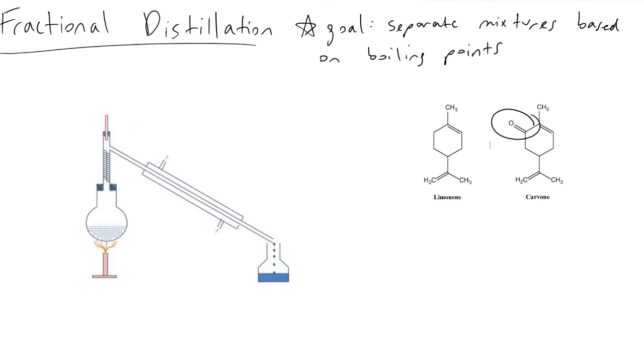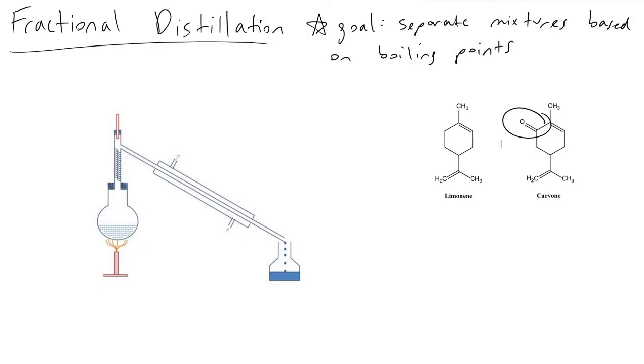Now, what this carbonyl group is going to cause is a charge distribution within the molecule, because the carbon-oxygen bond is going to have a high difference in electronegativity, especially relative to a carbon-hydrogen bond, and because of that there's uneven charge distribution, and this will be a much more polar molecule. So the consequence of having this additional carbonyl, this ketone present, will be an elevation of the boiling point.